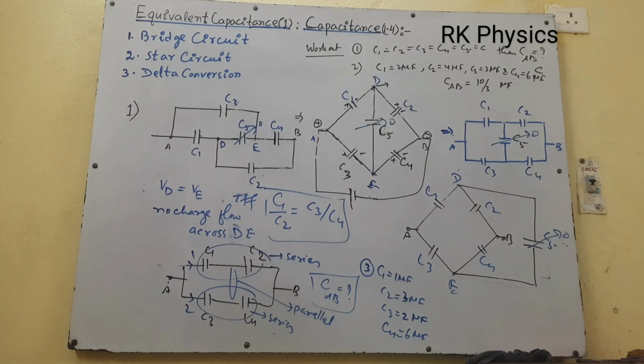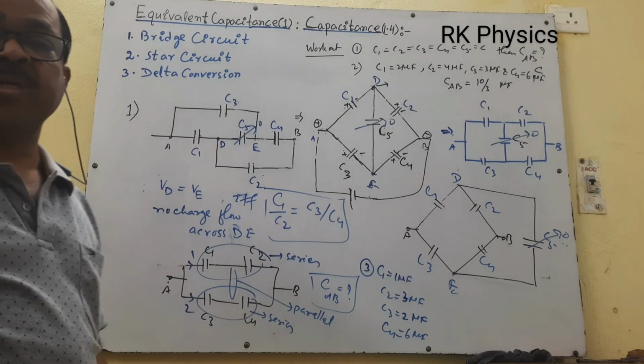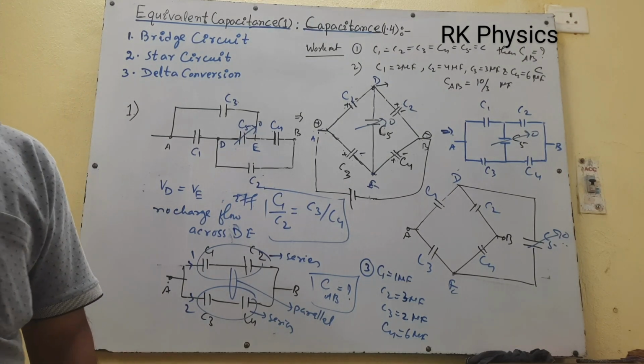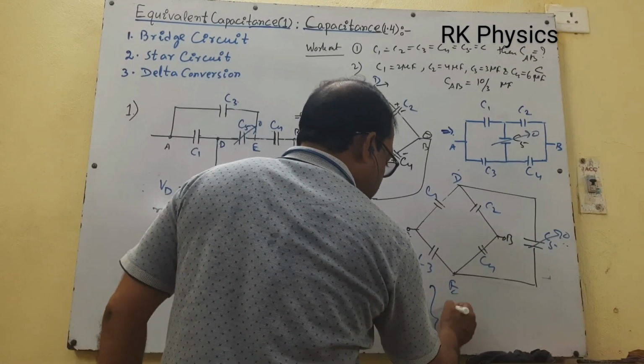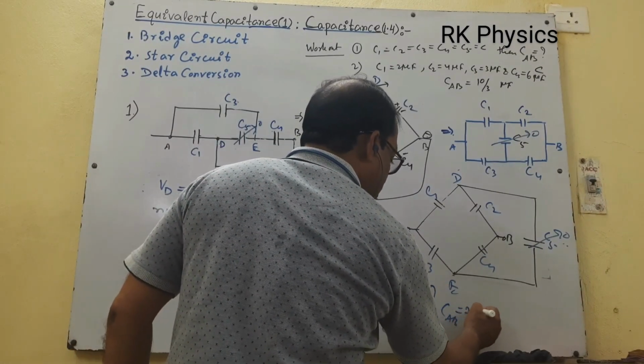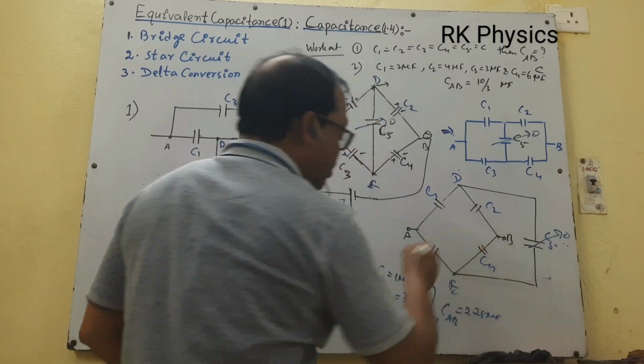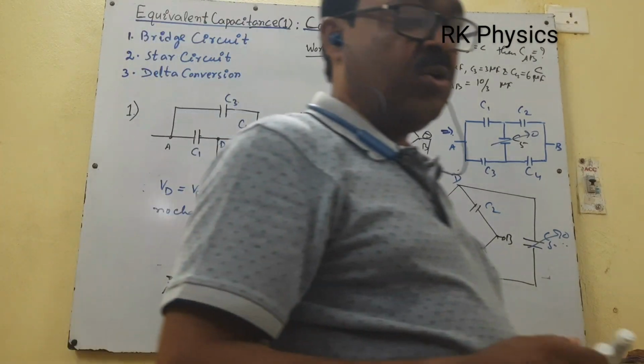The C1 to C2 ratio is 1:3, and the C3 to C4 ratio is again 1:3. Solve this and you will get CAB equal to 2.25 microfarad. Now check whether the answers are correct or not.